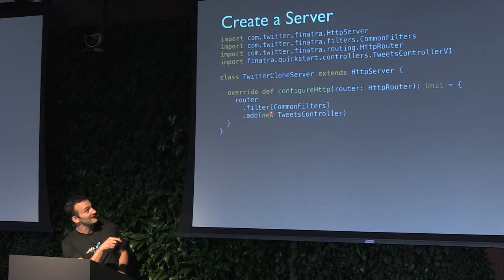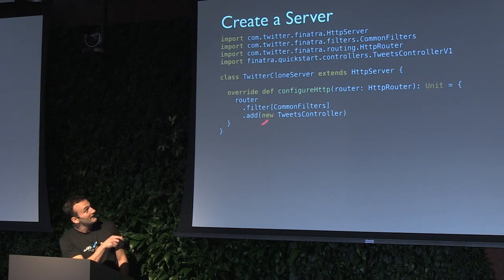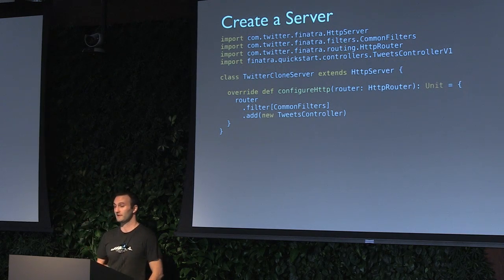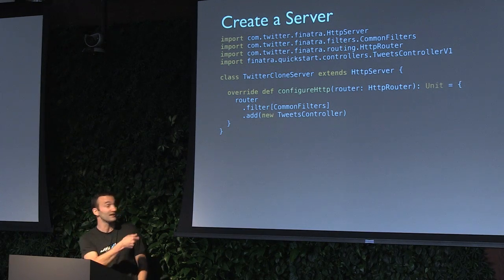The first is an API where you could pass a type directly to the router. And then Finatra is in charge of creating that type for you. And in the bottom case, we new up our controller ourselves. And in this API, you pass in the instance, and it uses it directly. And a little bit later in the presentation, I'll show an example where we use a type for the controller.